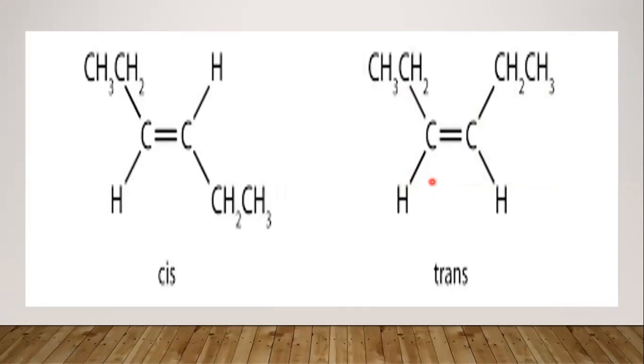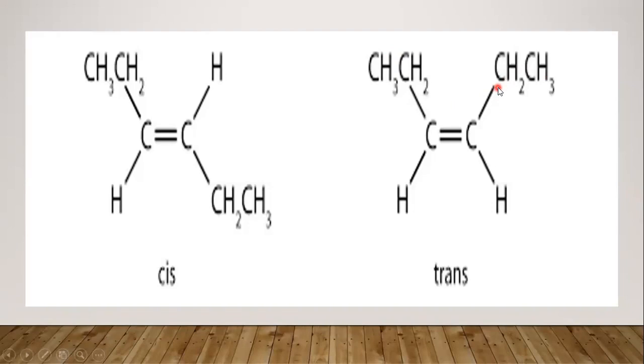Even in this example, you can see here CH2CH3 and H, and CH3CH2 and H. So here the hydrogen and hydrogen are drawn down, and CH2CH3, CH2CH3 are drawn up.